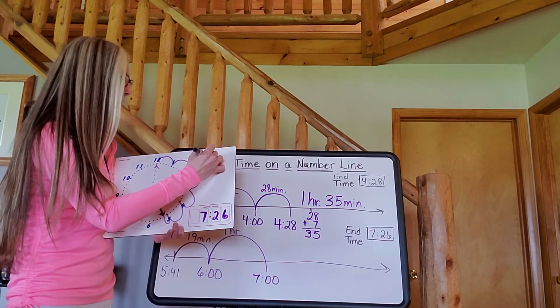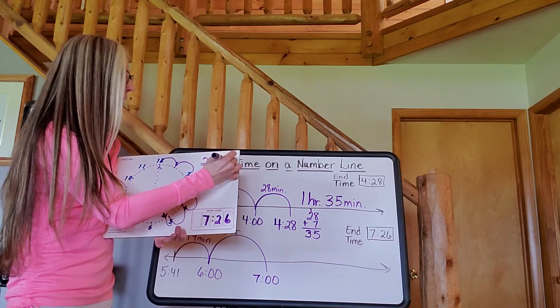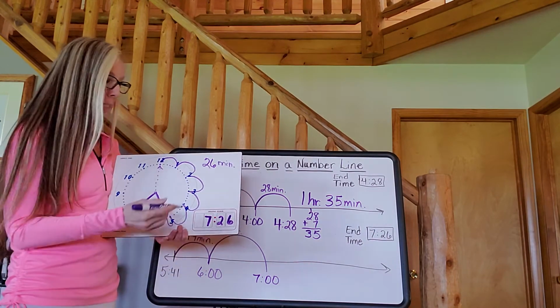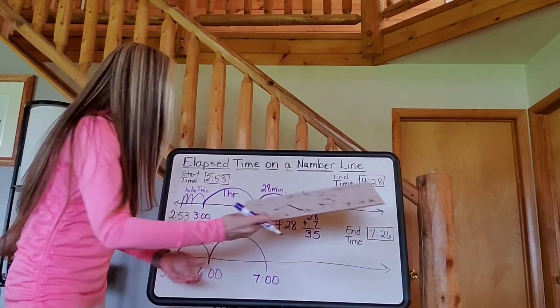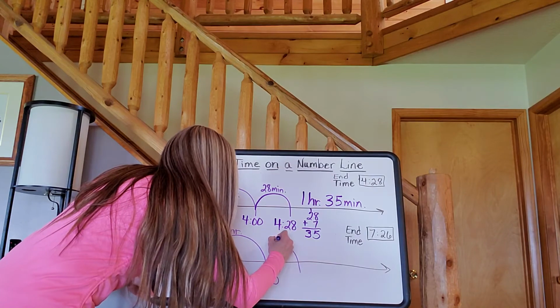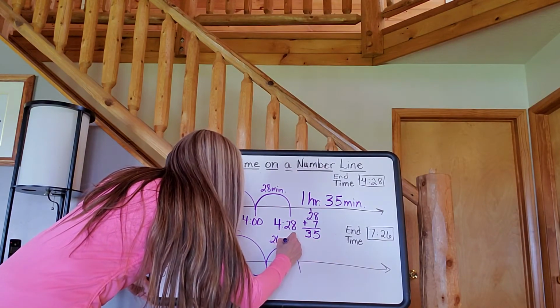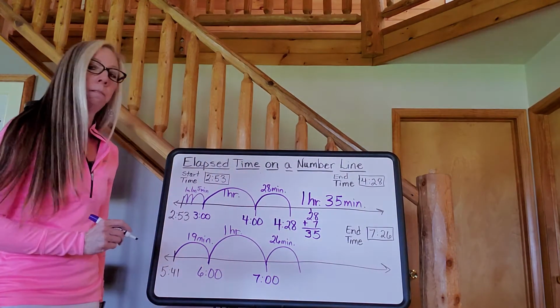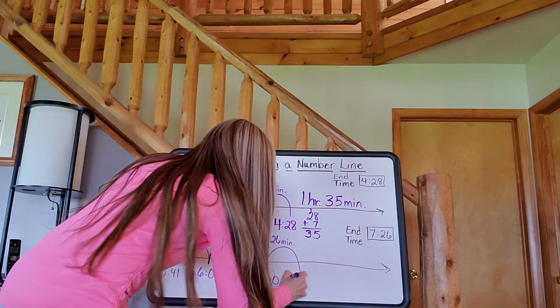So 26 minutes is our hop to get us to 7:26. So let's write that on our timeline. 26 minutes. What time are we at? You got it, 7:26.